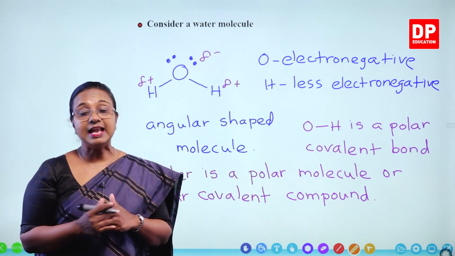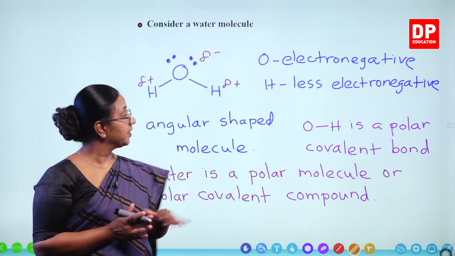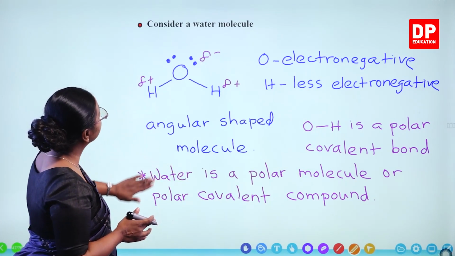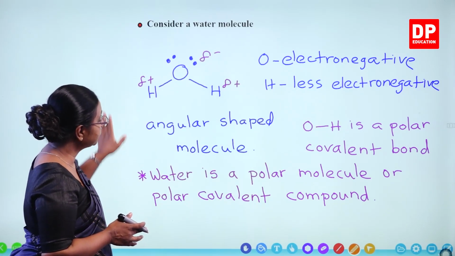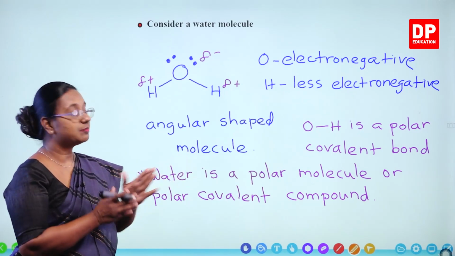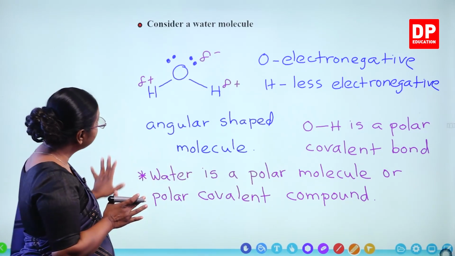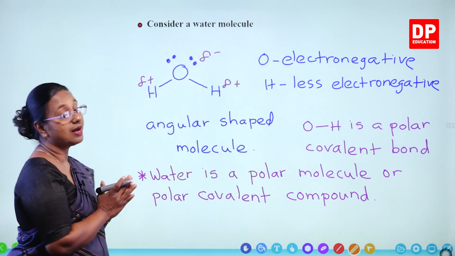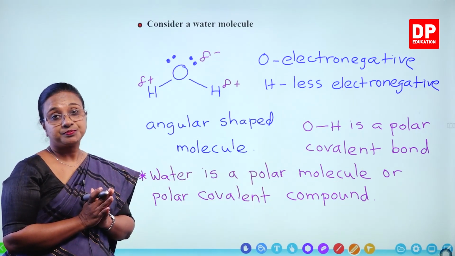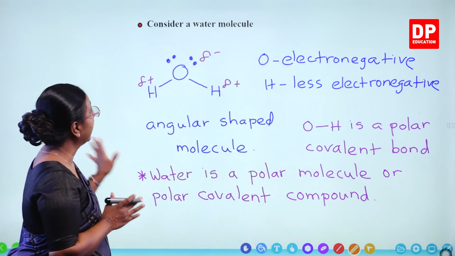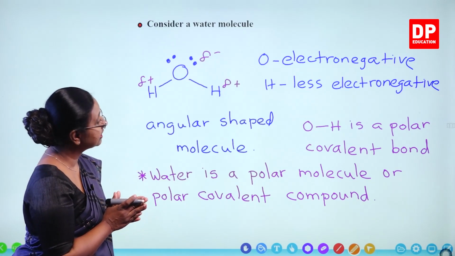We will discuss that in the next grade. So for here, you have to remember that the water molecule has polar O-H bonds, and because of that, based on how the bonds are arranged, it is a polar covalent compound. Is that clear to you all? So with that, I will move on to the next slide.